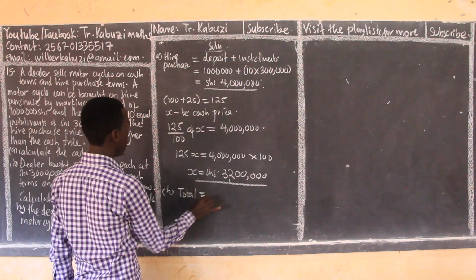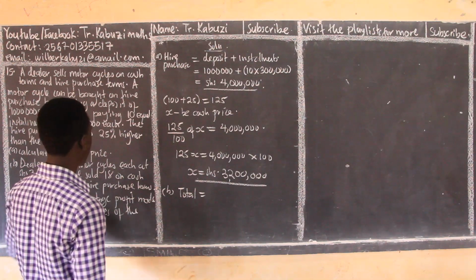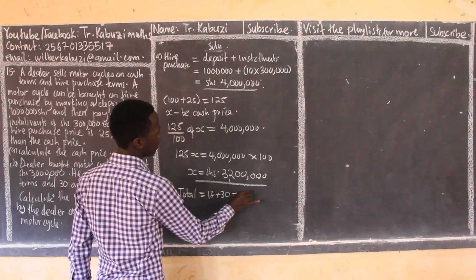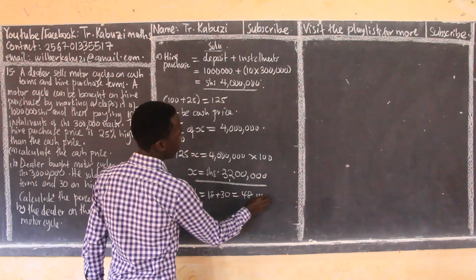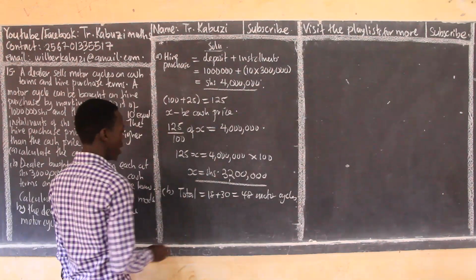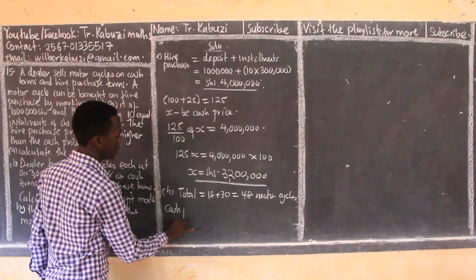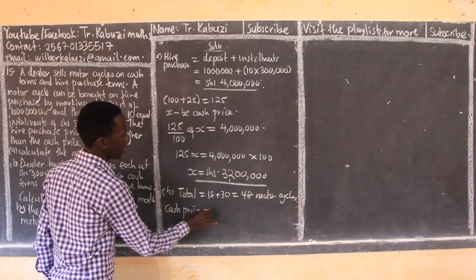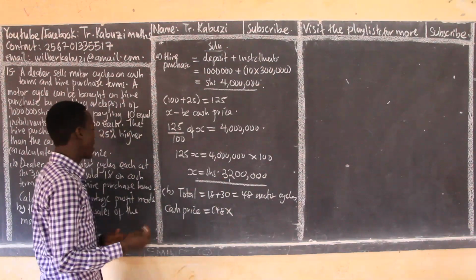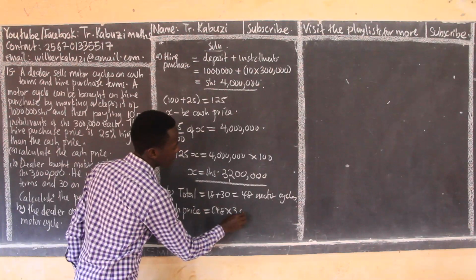The total will be the 18 plus the 30, which will give us 48 motorcycles. Because he bought 48, each at 3 million.